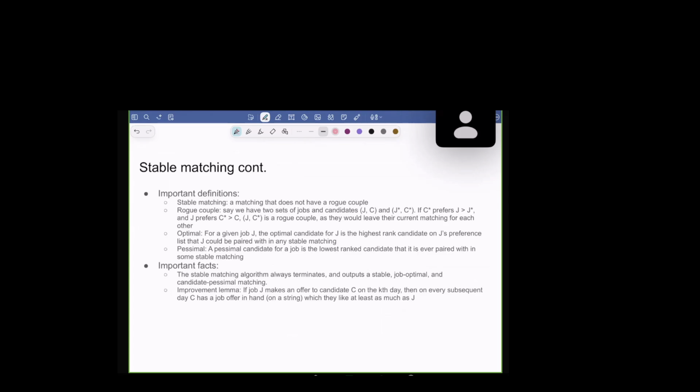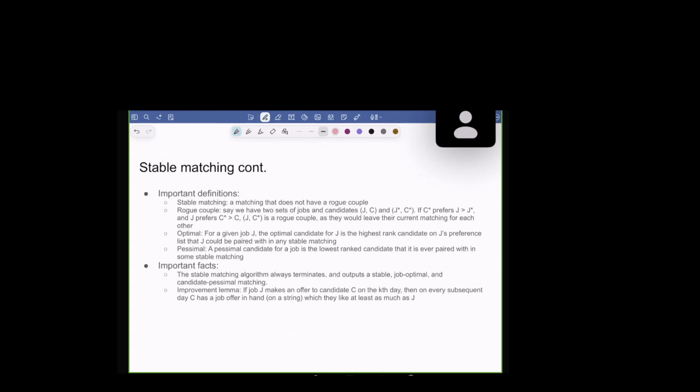The algorithm is optimal for whoever is extending the offers because they get to make the choice of who they want to extend the offers to. And because it is optimal for the job in general, it would be pessimal for whoever is being asked, because they have to wait for the job to extend the offer before they can even make a decision. So it would be pessimal for the candidates who are getting the offers extended to them.